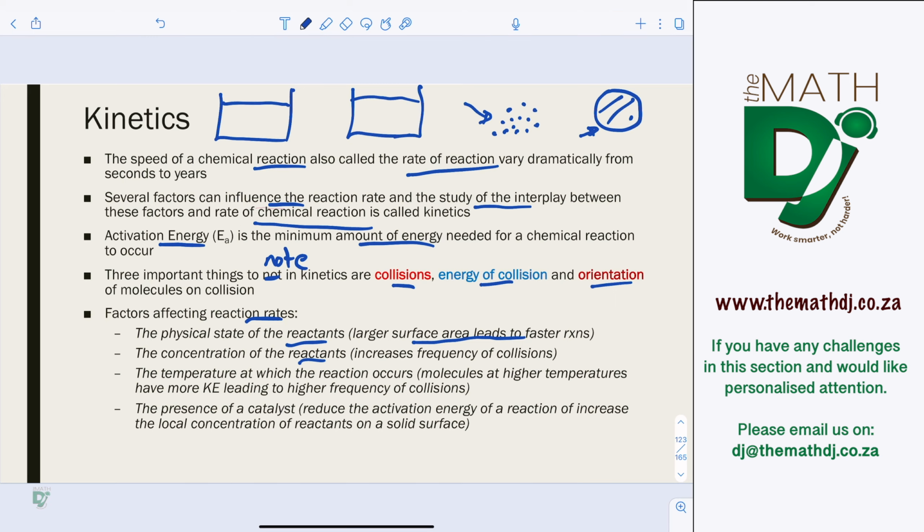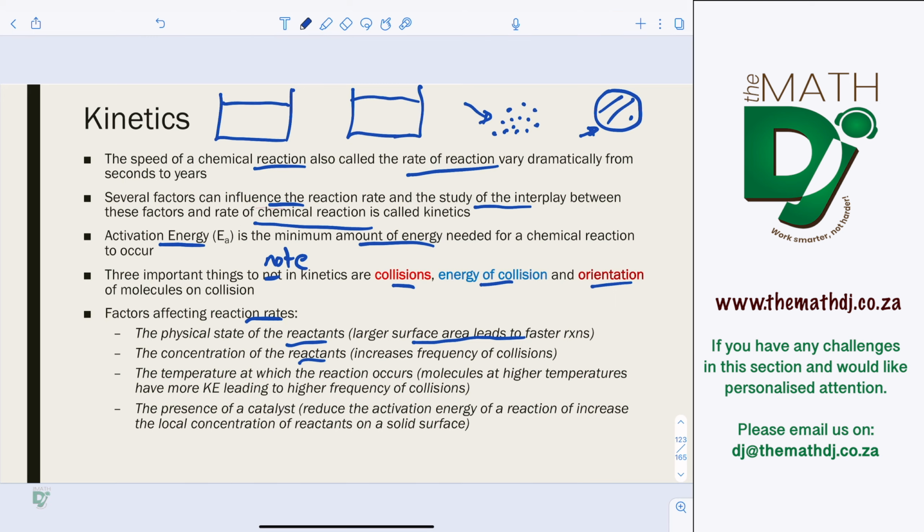Let's say this is A and this is B. B, because it has a larger concentration of a certain substance, creates more collisions. That's what we are trying to do, increase the frequency of collisions, and that increases the reaction rate.